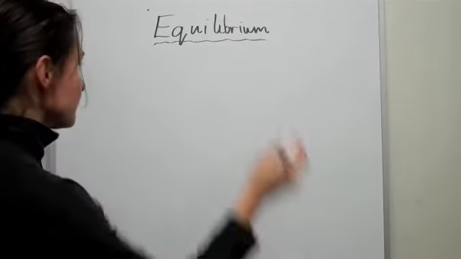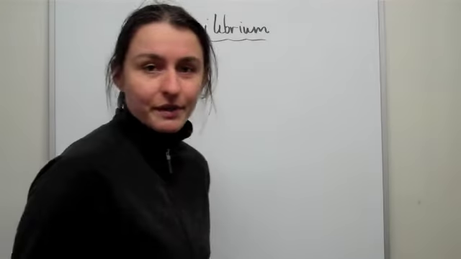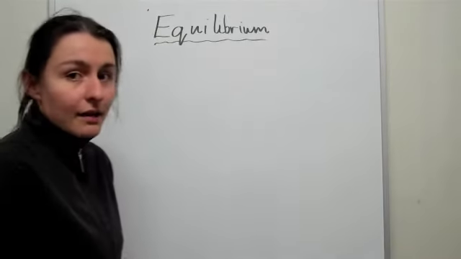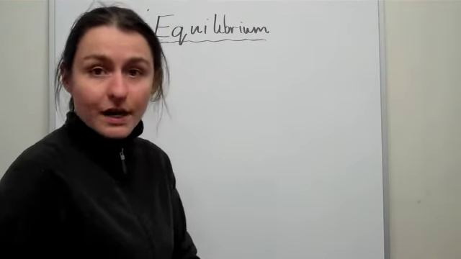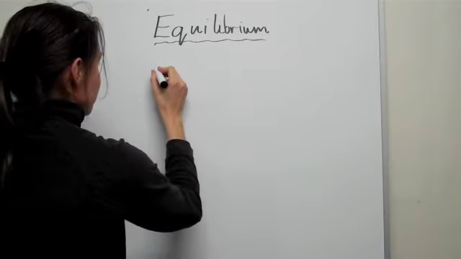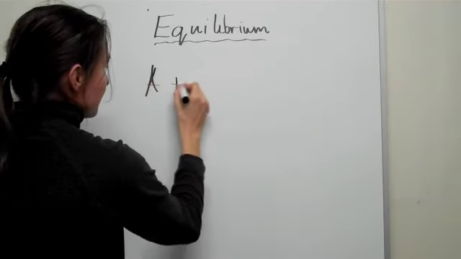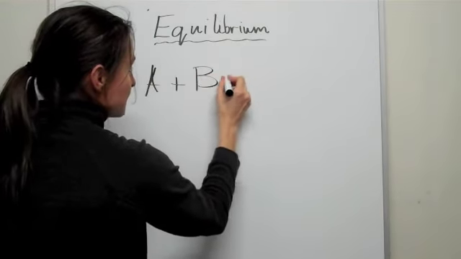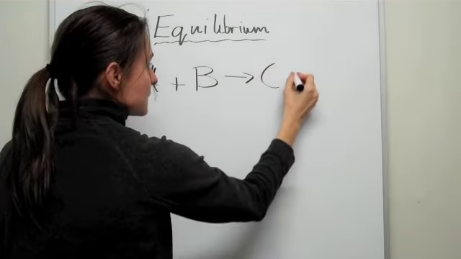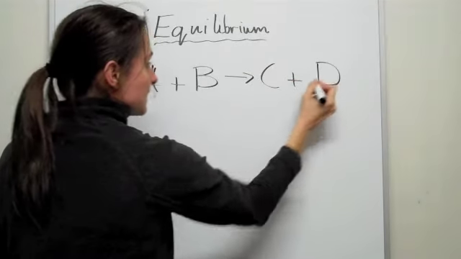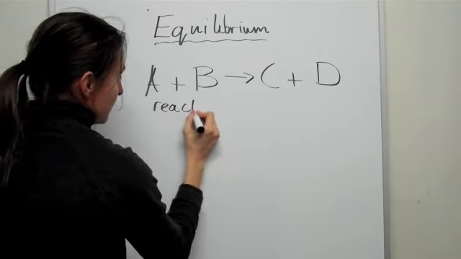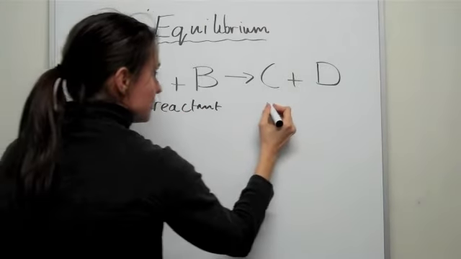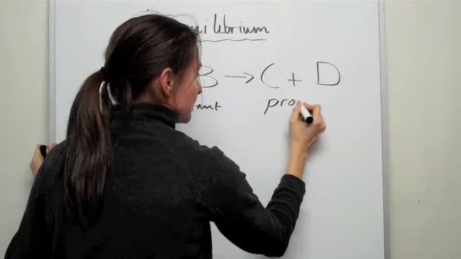Okay, so first of all today we're going to be discussing equilibrium and what equilibrium is. Now equilibrium is really important in industry, because most equations aren't these type of equations. In the past you would have been looking at A plus B giving you some kind of C plus D. Now A plus B would be called the reactant and you would know that C plus D is product.